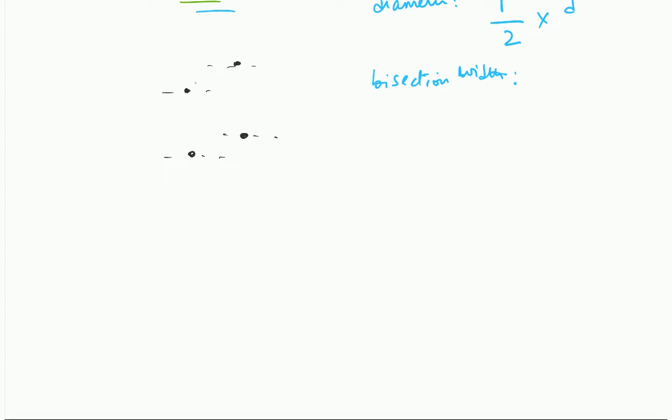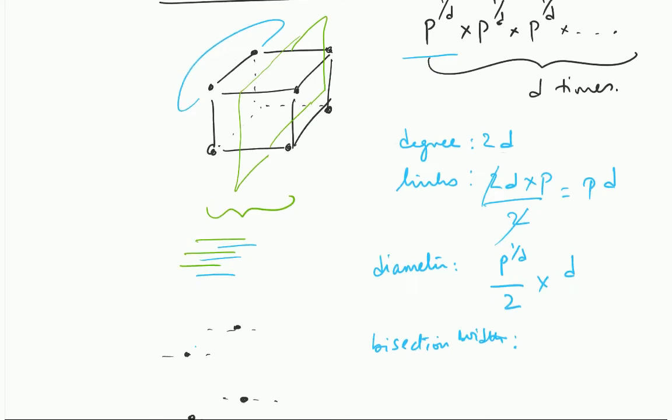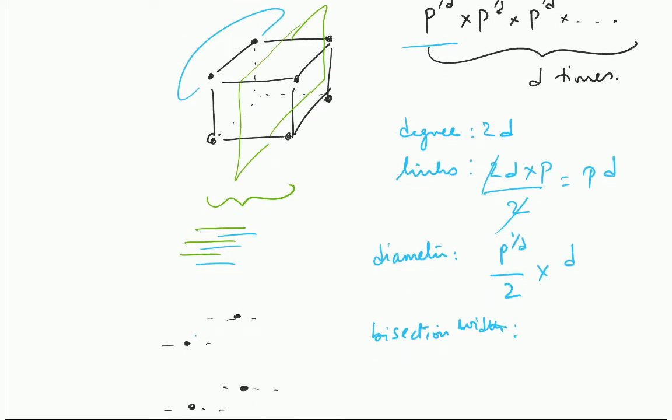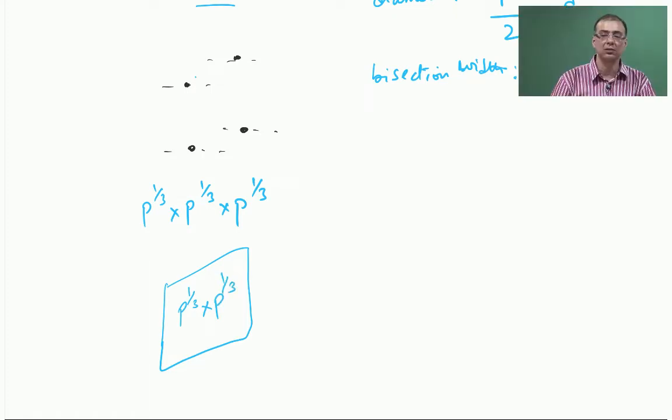So let me first consider this. In 3 dimensions, let's say you have p to the power 1 by 3 times p to the power 1 by 3 times p to the power 1 by 3. That's the arrangement you have, somewhat like this cube. Now, you divide it into half, this plane over here, how many links will that contain? So here is what you have to understand. It contains p to the 1 by 3 times p to the power 1 by 3 links, which are crossing. Okay? One dimension is parallel to the plane, all the other dimensions are crossing.